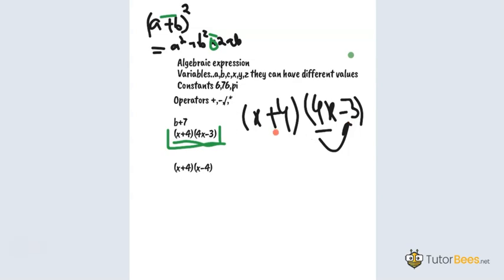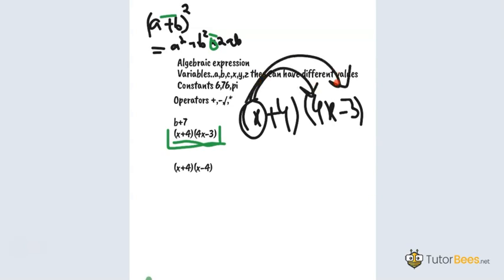You can say it like this also: you have to take the first term of the first expression and multiply it by both of the terms. Then you have to take the second term and multiply it by both of the terms of the other expression. And then you have to just add up all these factors. Are you getting the point?